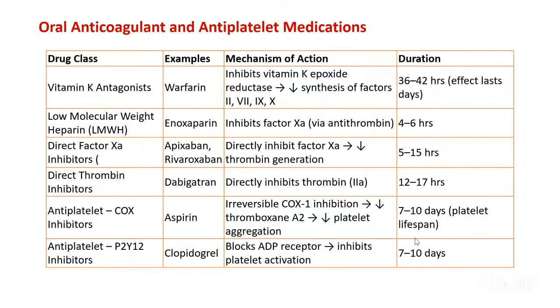And these act mainly by inhibiting platelet aggregation, secretion, and activation. So once the platelets get influenced by these medications, then the effect will last for around 7 to 10 days, the lifespan of platelets.